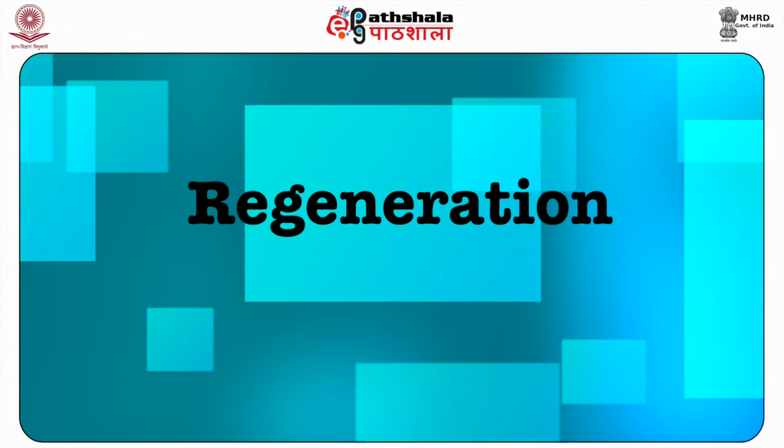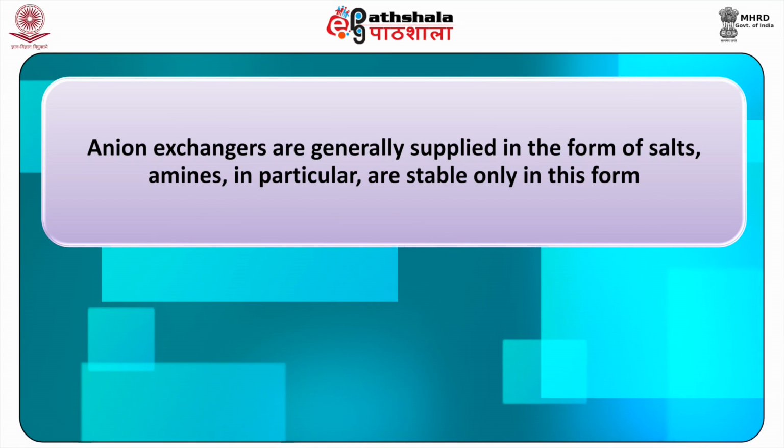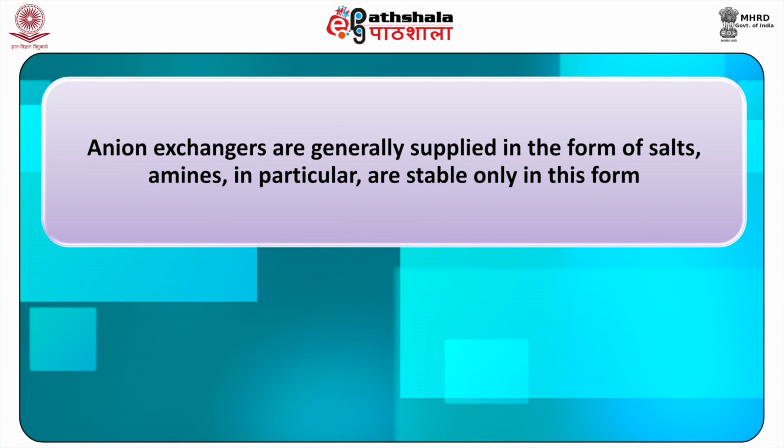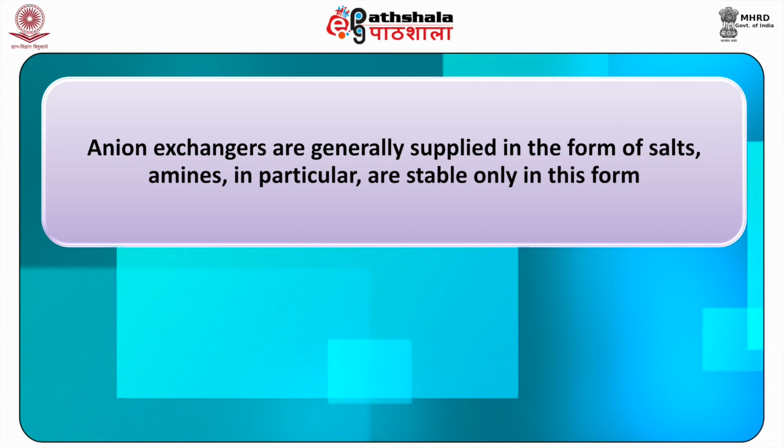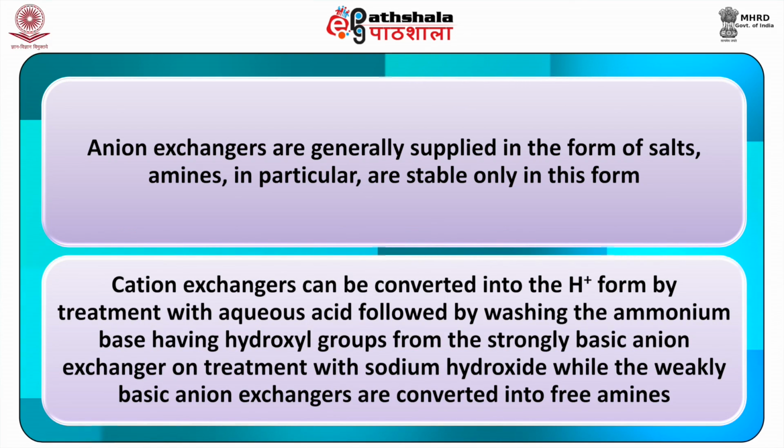Regeneration. Anion exchangers are generally supplied in the form of salts. Amines in particular are stable only in this form. On the other hand, cation exchangers can be converted into the H plus form by treatment with aqueous acid, followed by washing.